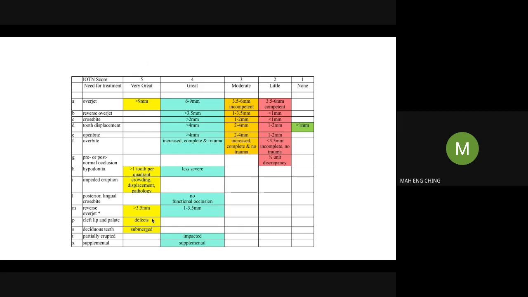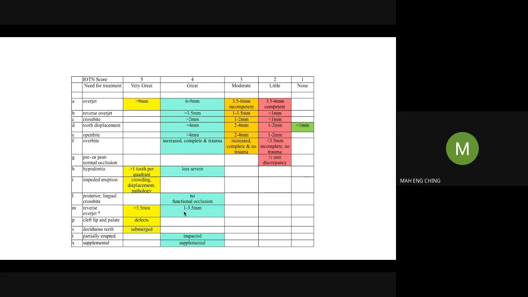Then cleft patient, straight away 5P, and then submerged 2, you get 5S. 5S is usually for deciduous submerged teeth. Then these are partially impacted against the next tooth, 4T, the supplemental, or X.